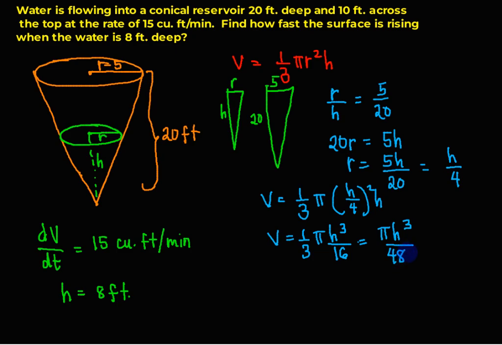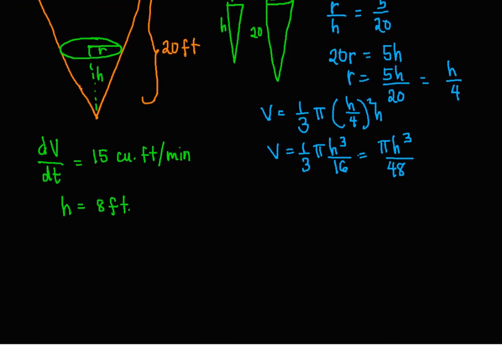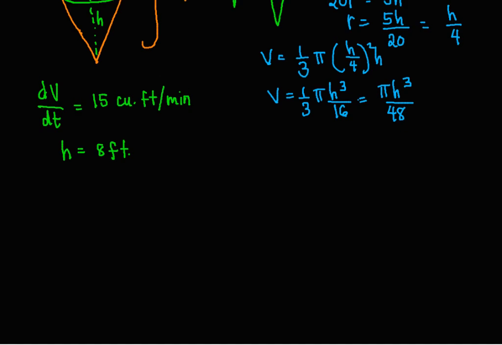Then simplify. So that's pi h cubed over 48. So we now have to differentiate this. Derivative of volume with respect to time. So the derivative of h cubed, because pi over 48 is constant.